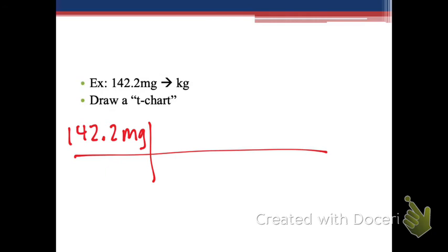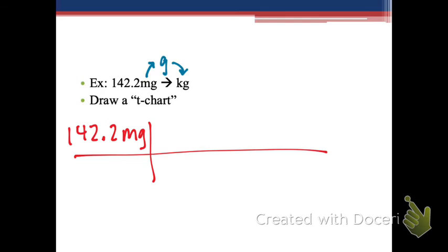Or what did it go between? It needs to go to regular units. So I can't just go from milligrams to kilograms. I need to go milligrams to grams, then to kilograms. Right? Because I don't know how many milligrams are in a kilogram. I know how many milligrams are in a gram, and I know how many grams are in a kilogram. So I can do it in 2 steps.